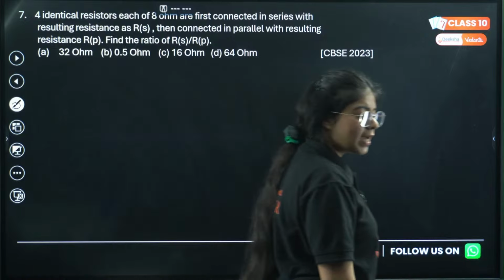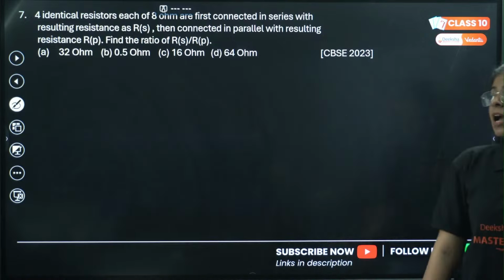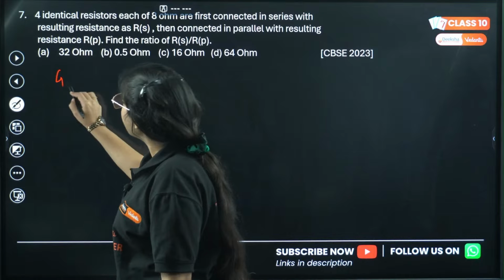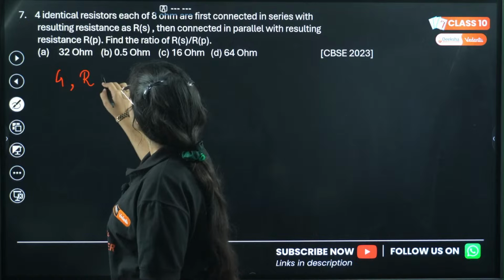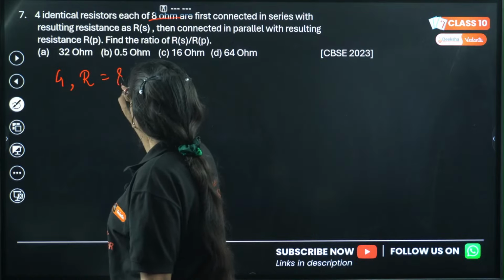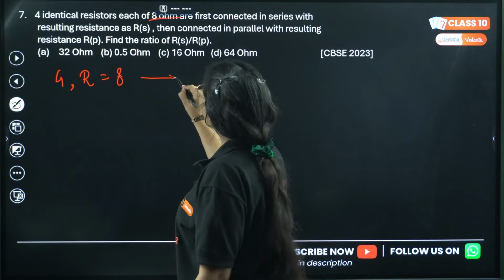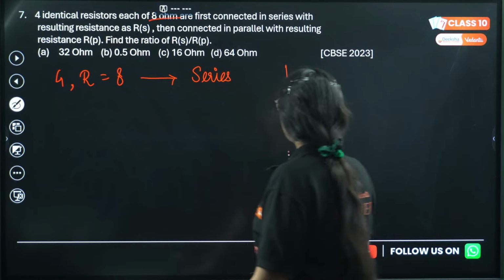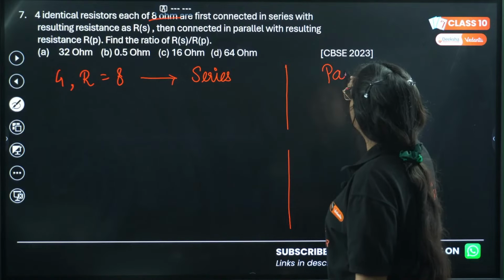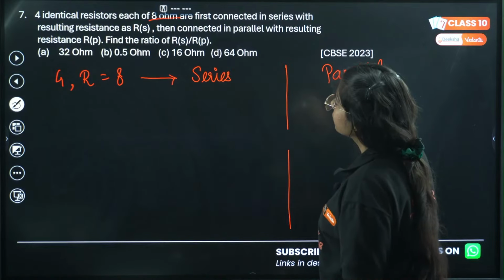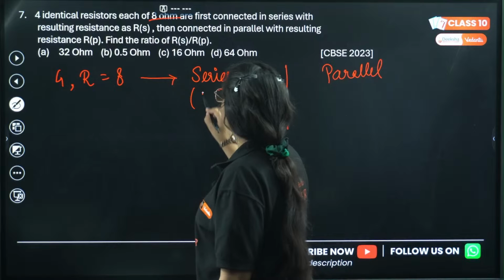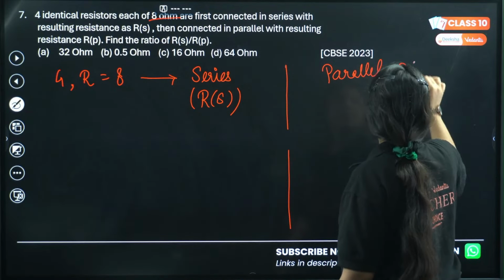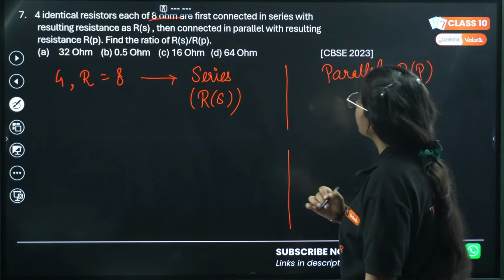Seventh question, read it carefully. It says, 4 identical resistors, each of resistance 8 ohm, are first connected in series, then they are connected in parallel. For series their resulting resistance is Rs, for parallel their resulting resistance is Rp.